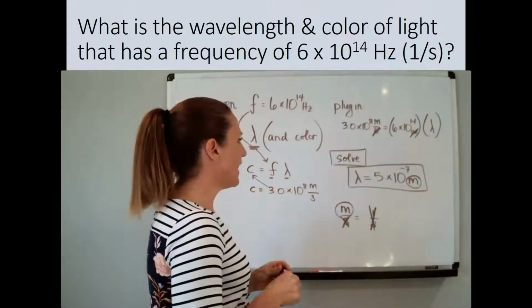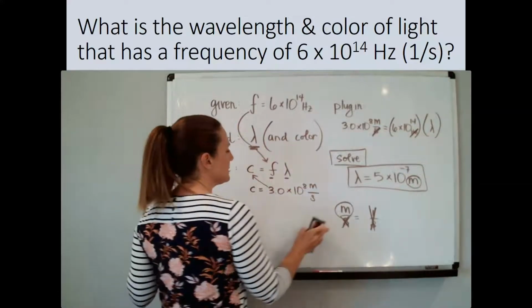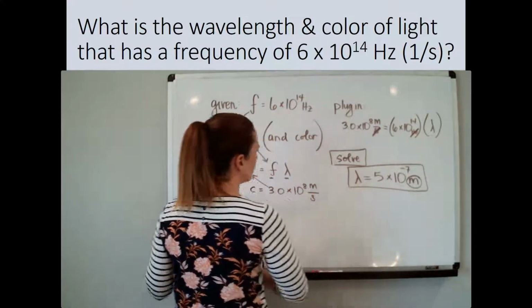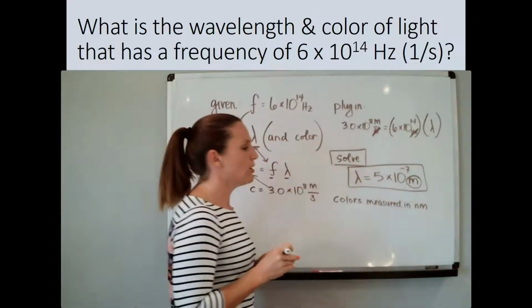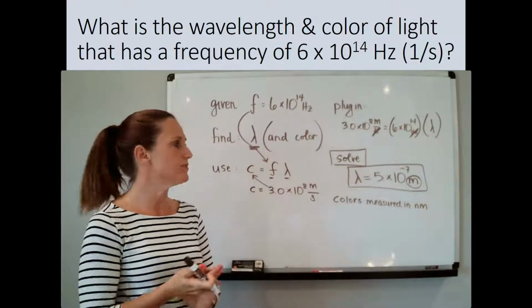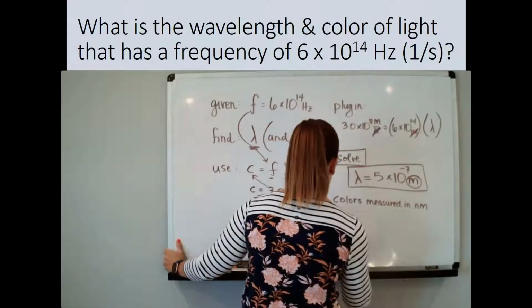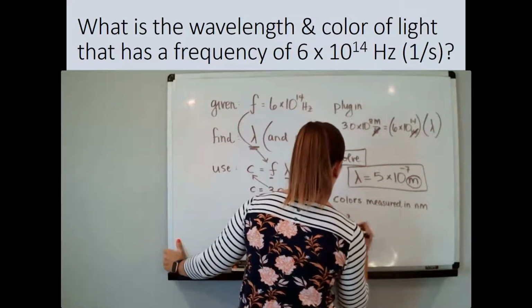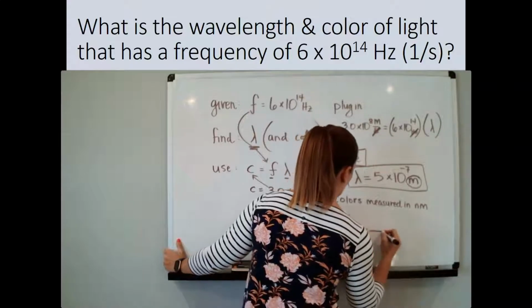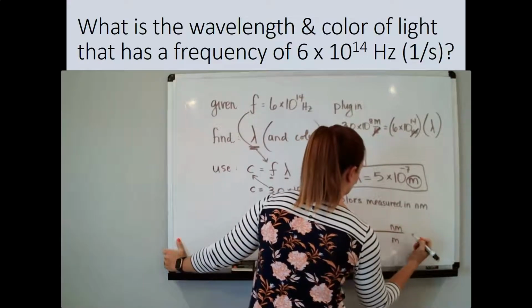If I want to find the color, this is a little bit trickier. Colors are measured in nanometers. So we need to convert this number into nanometers. 5 times 10 to the negative 7 meters. Meters and nanometers.